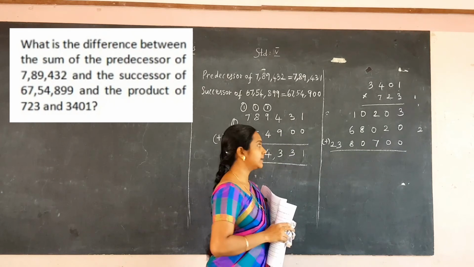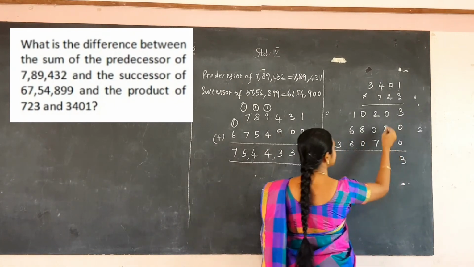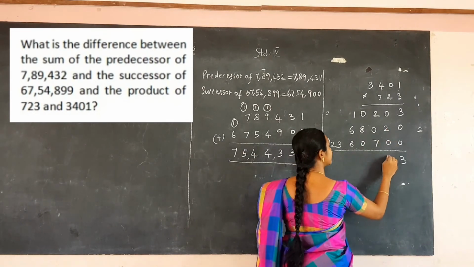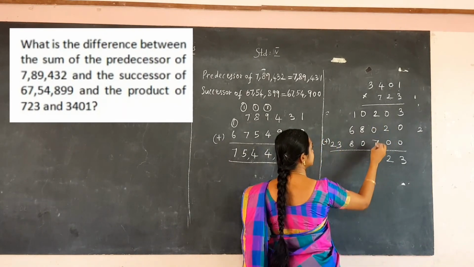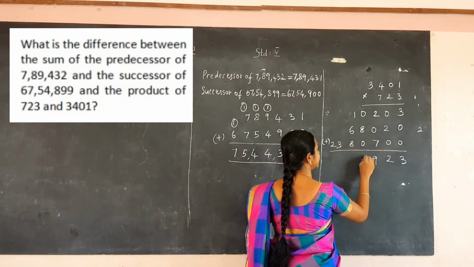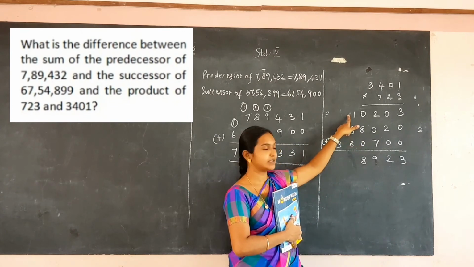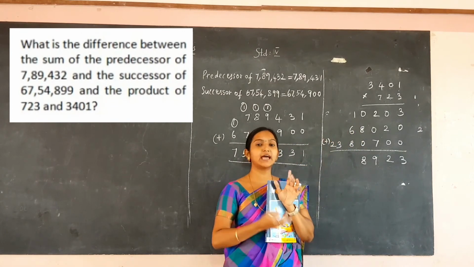Now add all the numbers. 3 plus 0 will be 3, 0 plus 2 plus 0 will be 2, 2 plus 7 will be 9, 0 plus 8 plus 0 will be 8. Now 6 plus 1 will be 7. So keep 7 in mind and 8 in fingers.